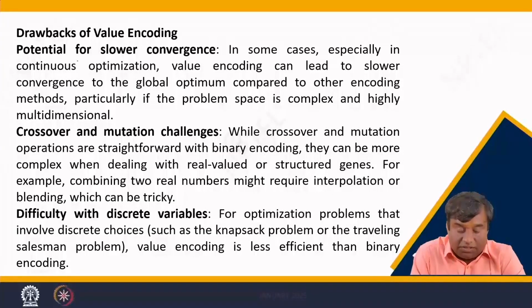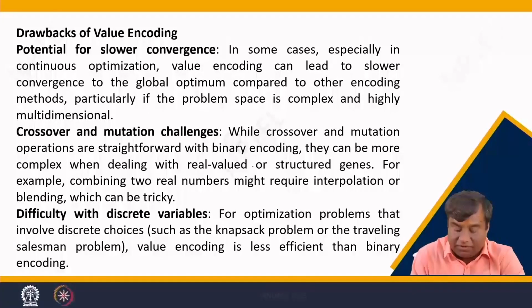Some drawbacks of value encoding. Potential for slower convergence: in some cases, especially in continuous optimization, value encoding can lead to slower convergence to the global optimum compared to other encoding methods, particularly if the problem space is complex and highly multidimensional. Crossover and mutation challenges: while crossover and mutation operations are straightforward with binary encoding, they can be more complex when dealing with real valued or structured genes.